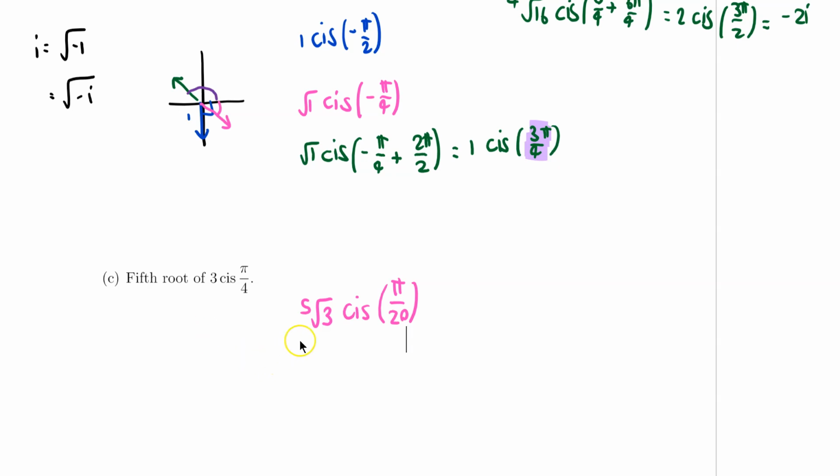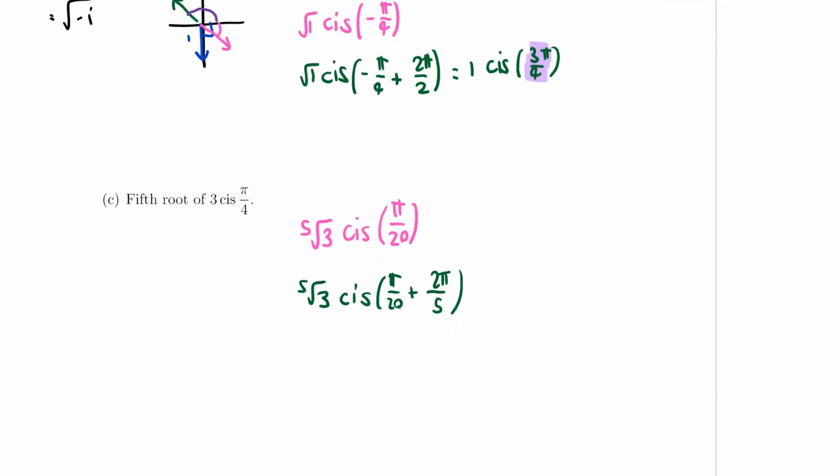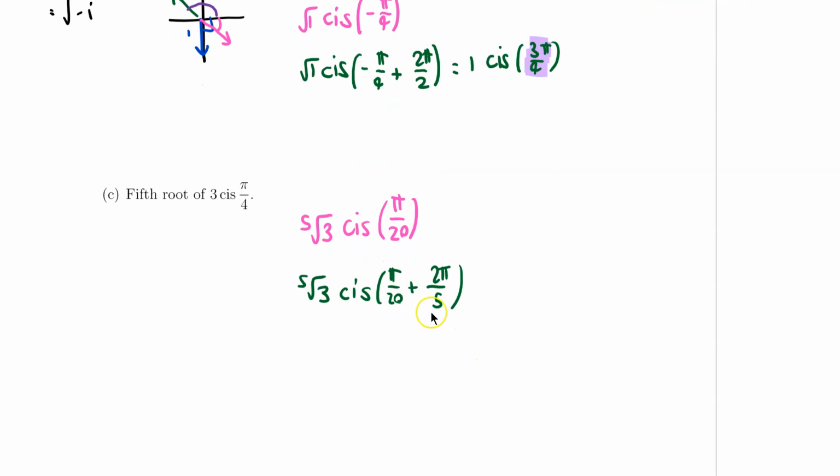So this is going to be my primitive root, and to find the rest of them, let me write it out. It's going to be the fifth root of 3 cis of pi over 20 plus 2 pi over 5. So that's going to be my next one. And to find the rest of them, I'm just going to add 2 pi over 5 to the angle here.